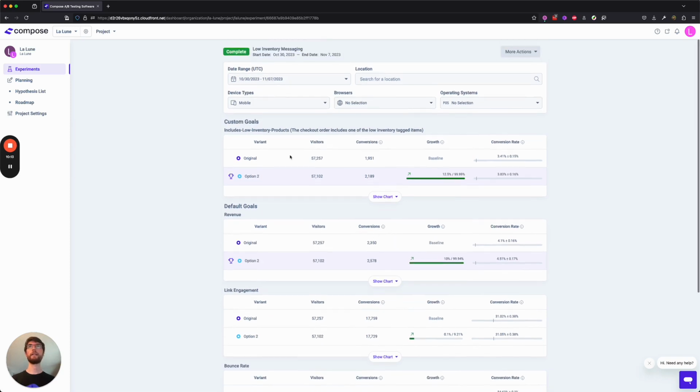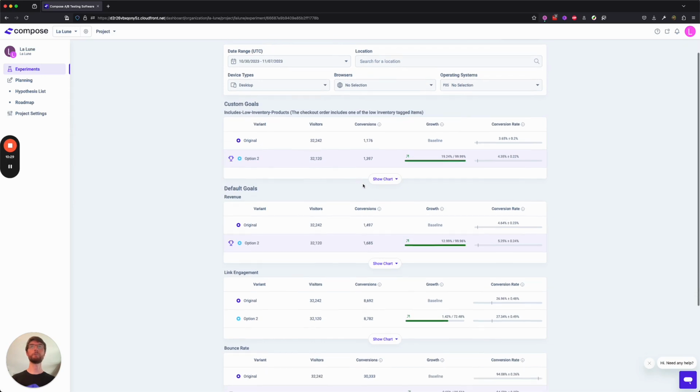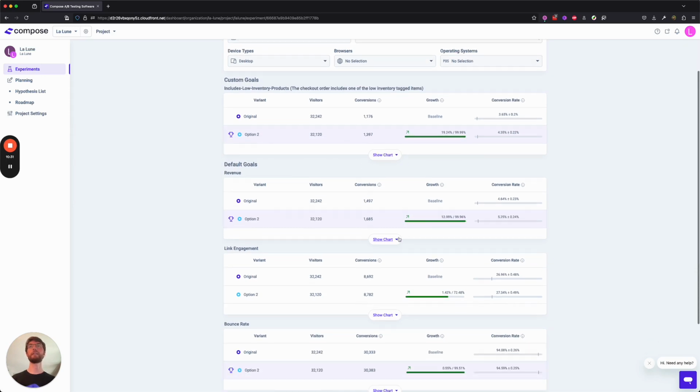So that's good to see. We can change device type also to desktop, and we can see that there has been actually a larger improvement on desktop of almost 20% improvement in our custom goal and 13% improvement in our revenue goal.